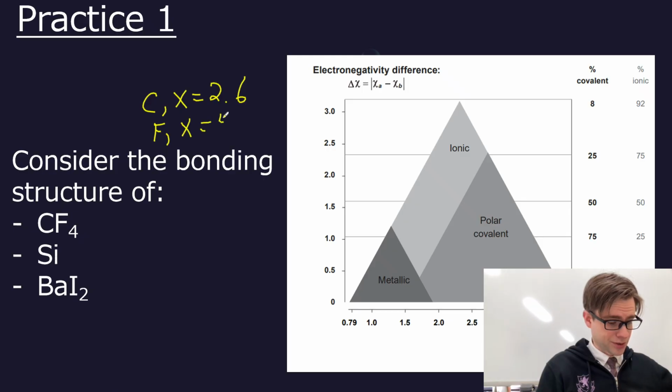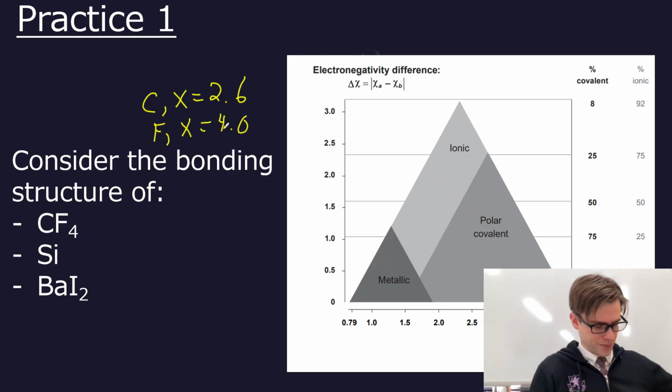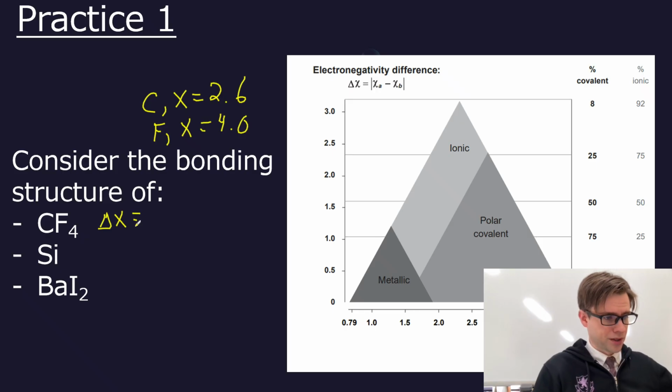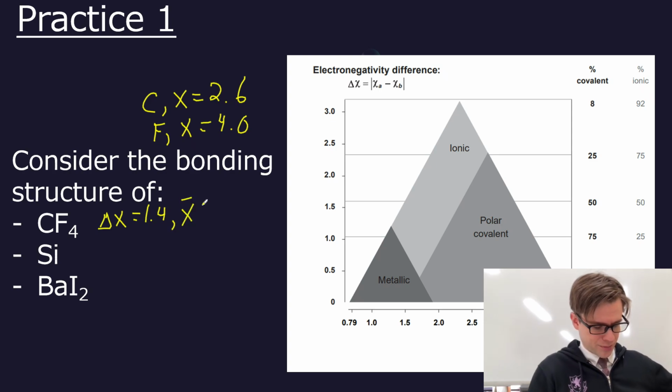That electronegativity is 4.0. So when we check the difference, it's just 4 minus 2.6, that's 1.4. When you check the average, 2.6 plus 4 divided by 2, it's going to be about 3.3.